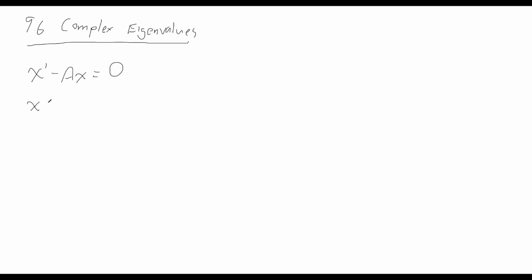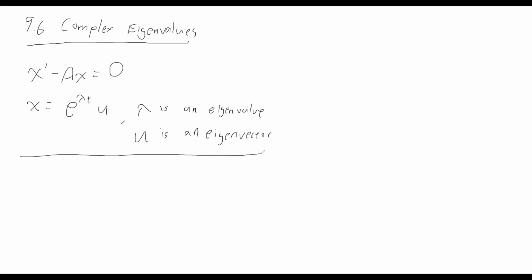And we know that our solution is going to look like something of this form if and only if lambda and u are your eigenvalue and eigenvector: lambda is an eigenvalue and u is an eigenvector. Okay, so in this section we are going to look at the case of what happens when lambda is complex.